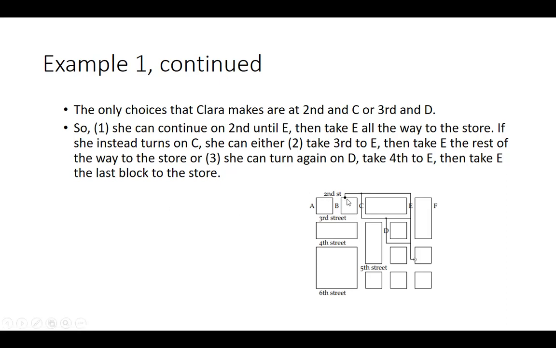So 1, she can continue on 2nd until E and then take E all the way to the store. If she instead turns on C, she could either take 3rd to E, then take E the rest of the way to the store. That would be path 2.